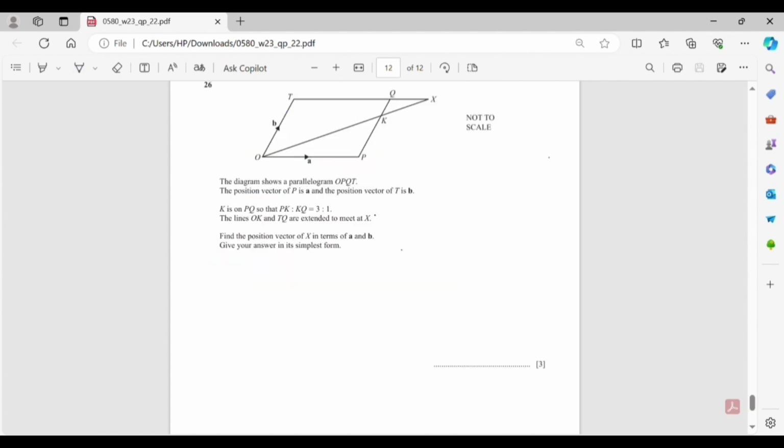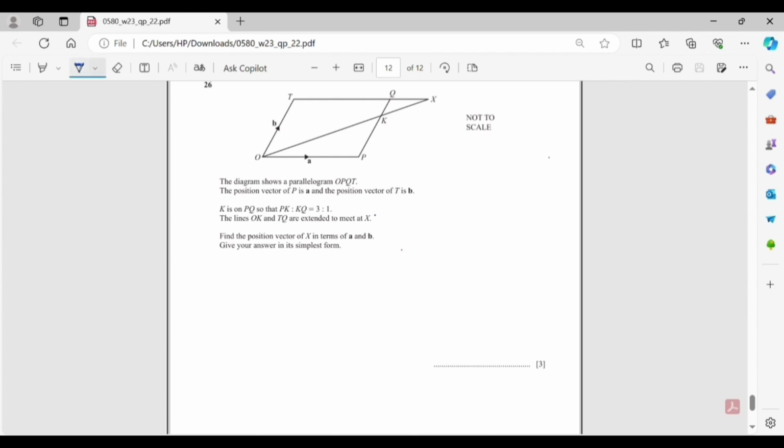Now question 26. The diagram shows a parallelogram OPQT. The position vector of P is a and the position vector of T is b. K is on PQ so that PK ratio KQ is equal to 3 ratio 1. The line OK and TQ is extended to meet at X. Find the position vector of X in terms of a and b. Give your answer in simplest form.